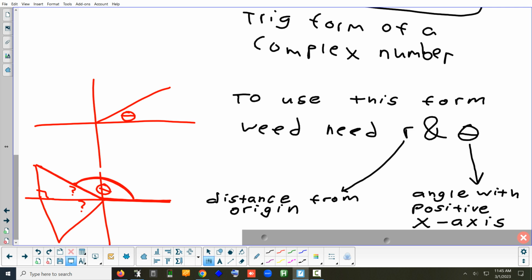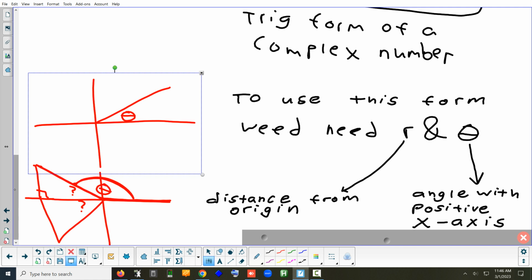We'll think of this as like a reference angle and then add or subtract 180, or if it's in quadrant 4, we would deal with subtracting from 360. But quadrant 1 is the easiest to deal with. Okay, any question on that?